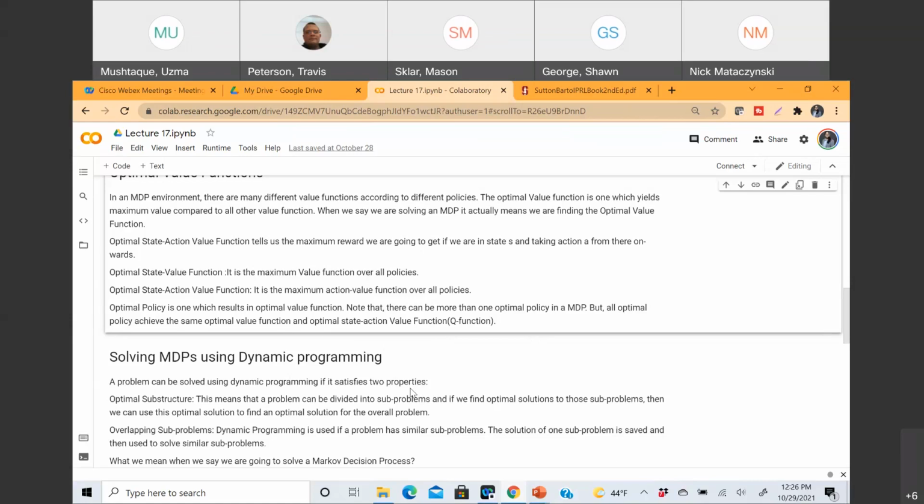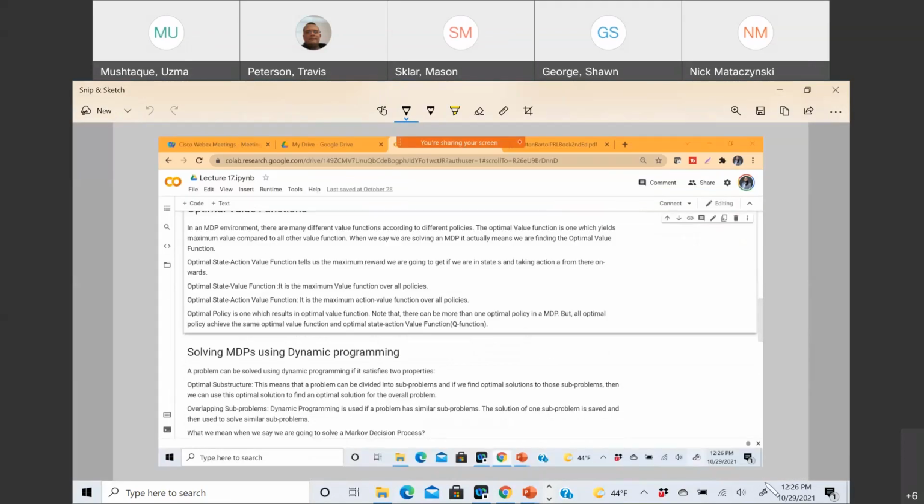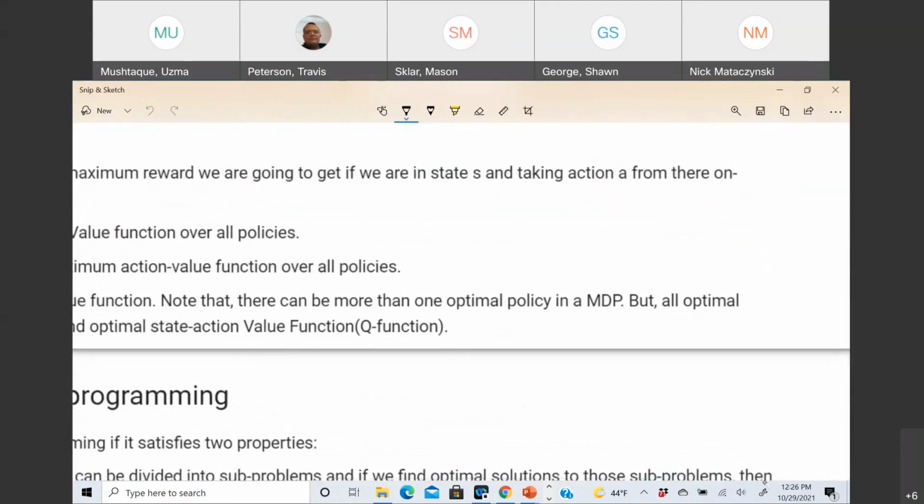Mathematically speaking, of all the policies that are available to us, it is the best, and this is how the book writes it. So I will also write it mathematically here. Let's say my pi is my optimal policy.